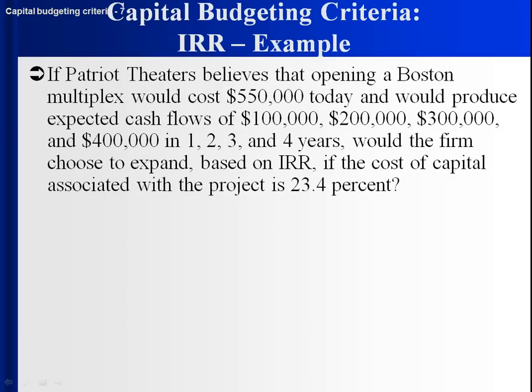So what if Patriot Theaters is looking at the Boston Multiplex, 550 today, 100, 200, 300, and 400,000 in 1, 2, 3, 4 years. Would we decide to expand on IRR? The cost of capital is 23.4.